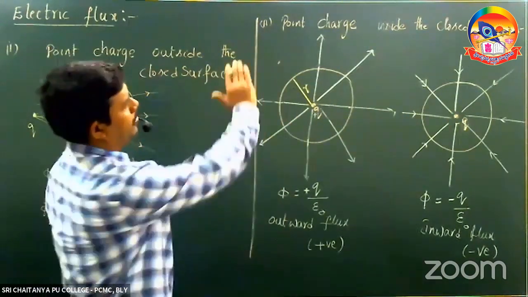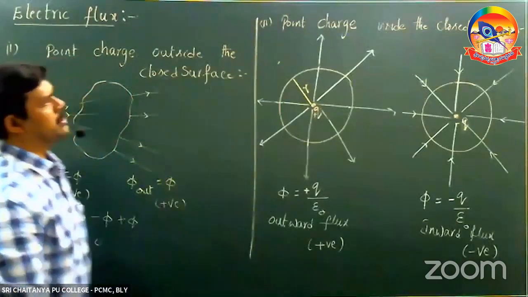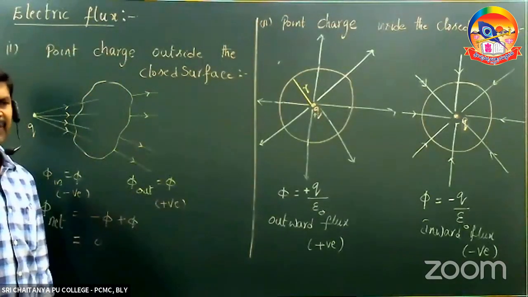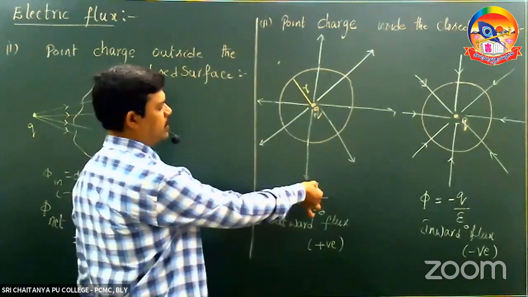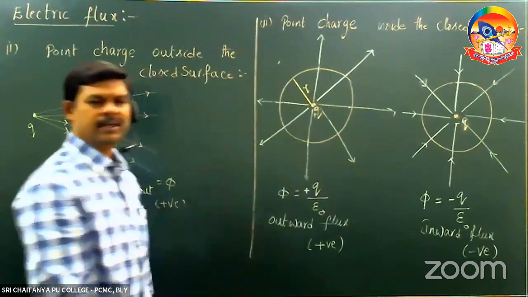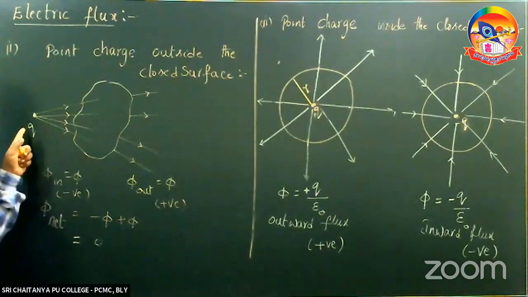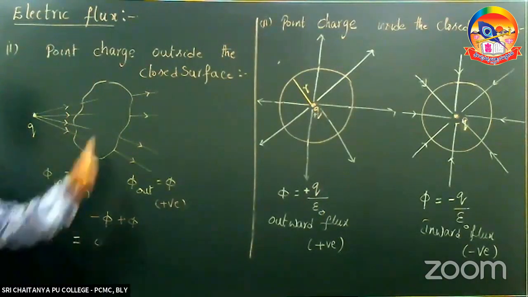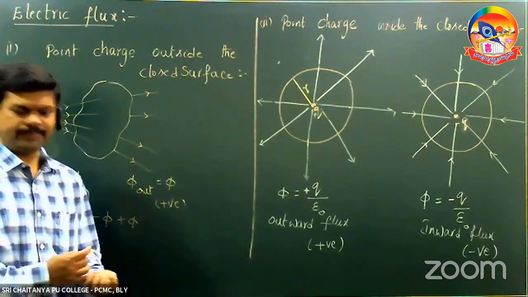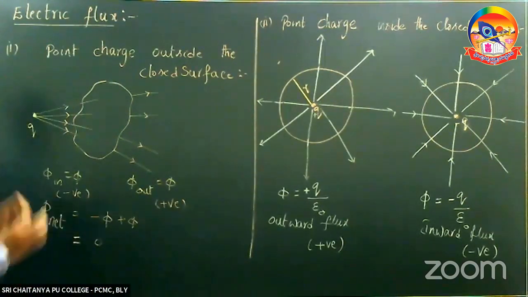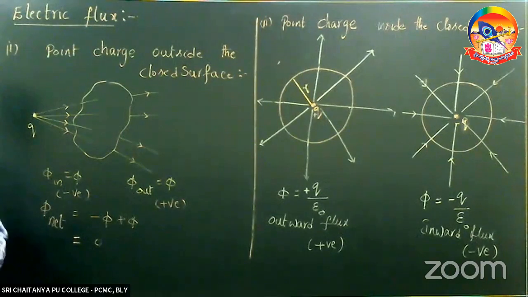So anyway, when a point charge is inside a closed surface, what is the flux? The charge by epsilon naught. When it is outside, zero flux linked through any closed surface, right? This is what we discussed in yesterday's class.